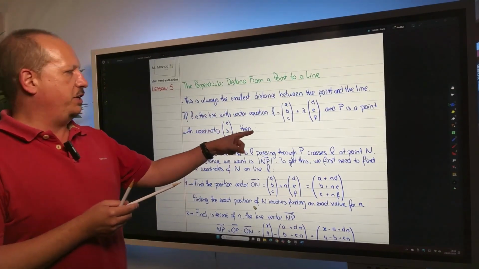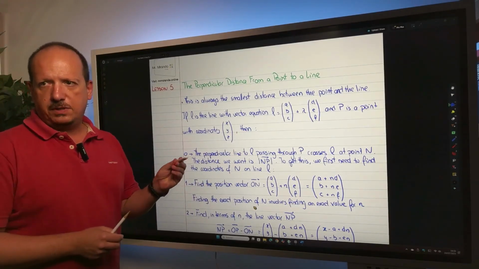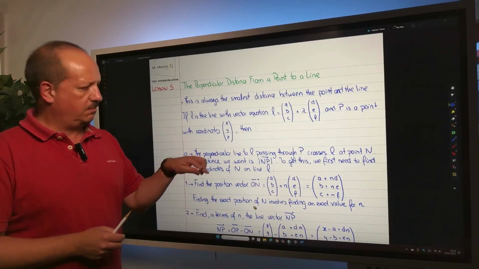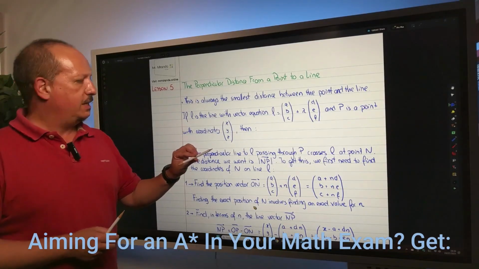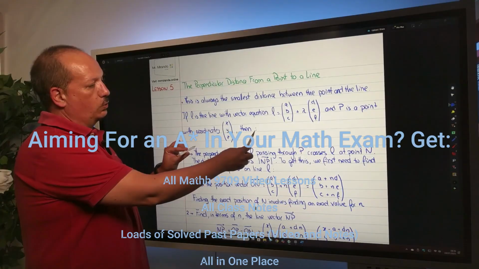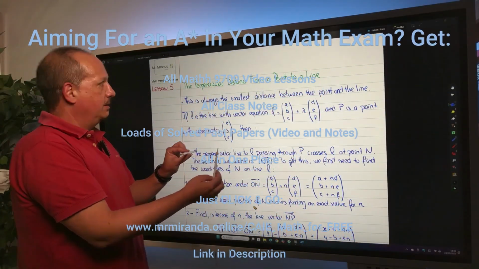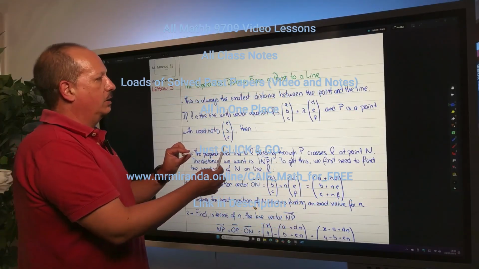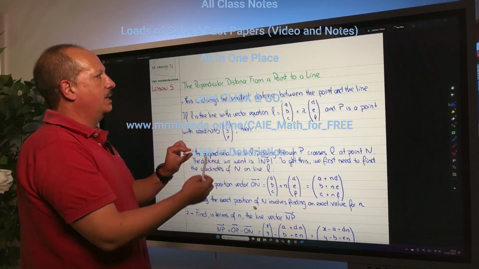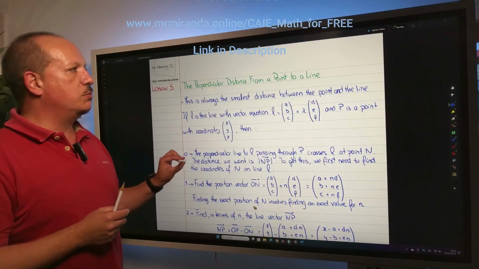The distance from this point to this line is always the perpendicular distance that goes from the point to the line. All right, this makes sense. You have lots of distances, but the perpendicular distance is always the smallest distance between the point and the line.